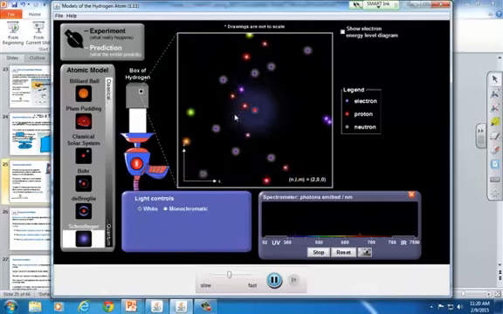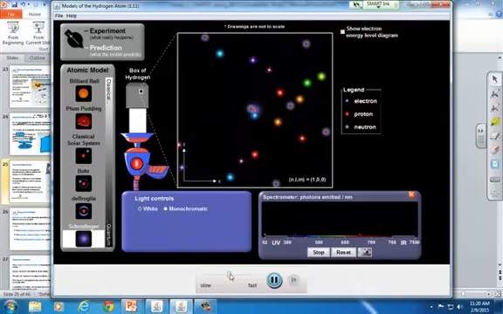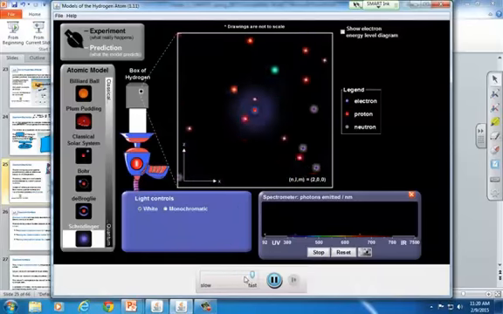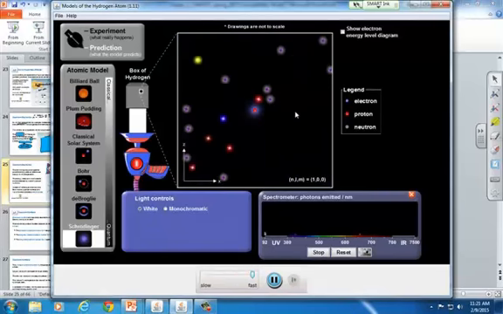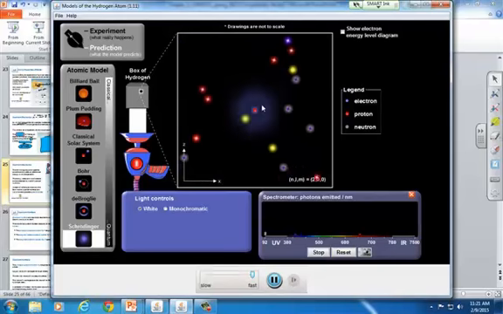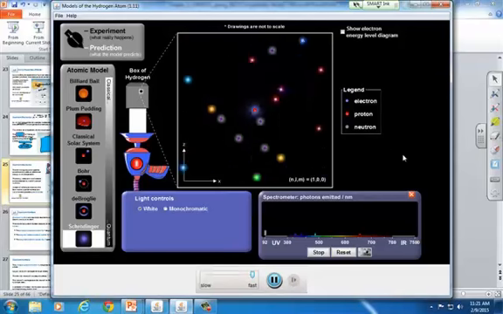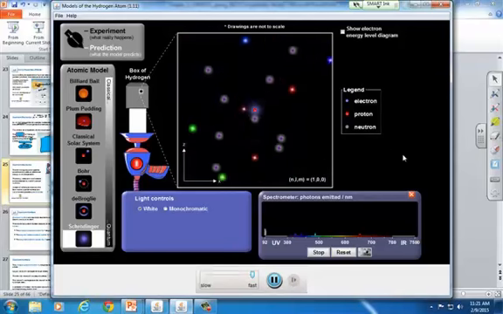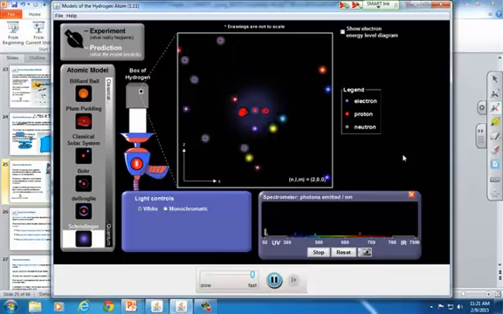So let's see if I can make this a little faster so we can see these transitions happening more quickly. So look carefully at the blue cloudiness that's around here. It starts off here, and then notice there's lots of different ways that it can move. Some of these possibilities involve more region here and here.